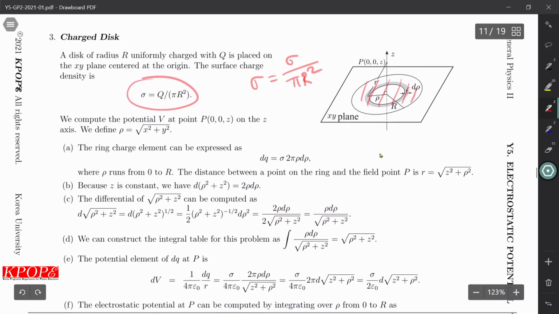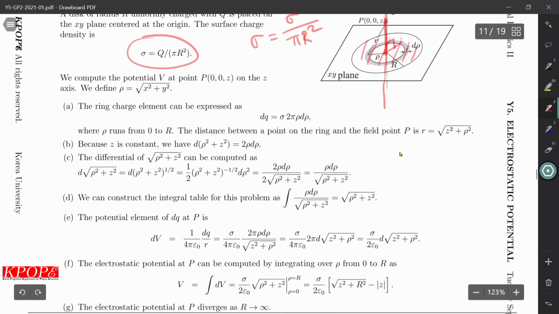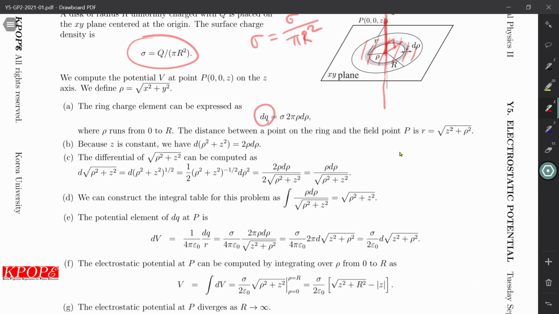What we want to do is to find the potential at some point z at a perpendicular distance from the disk, along the symmetry axis of the disk. The differential charge dq can be obtained using the symmetry of the system.